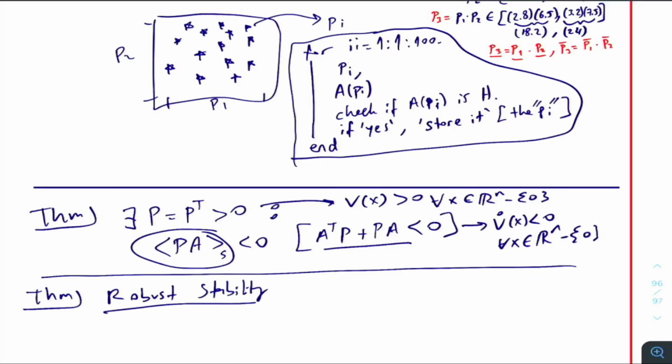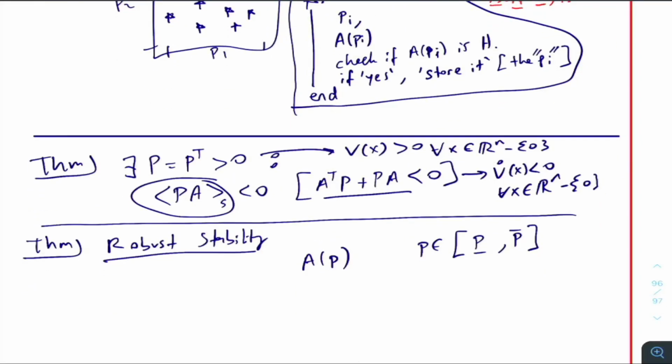Robust stability is this: you have, for example, A of P, only one parameter, and P takes on values between P minimum and P maximum, or lower and upper.